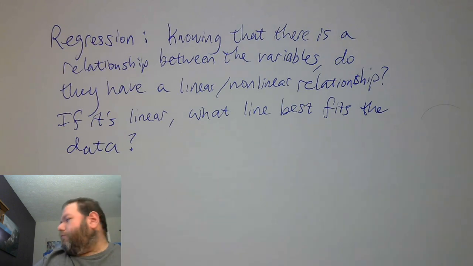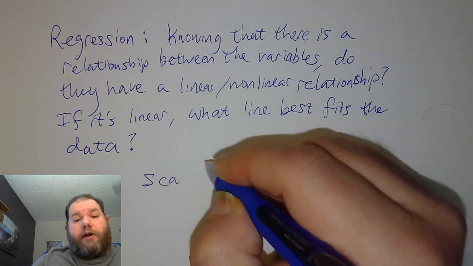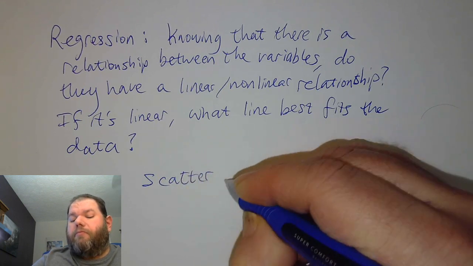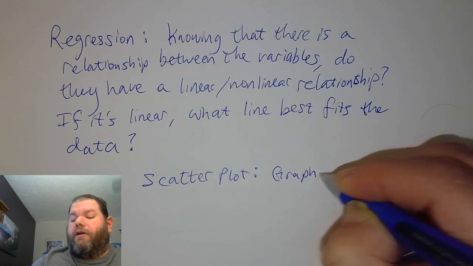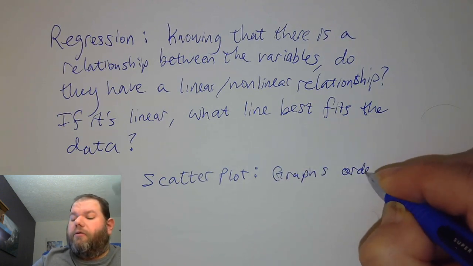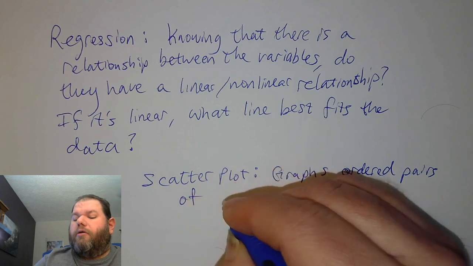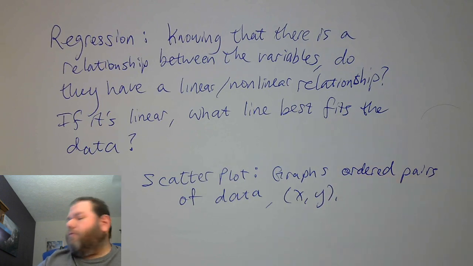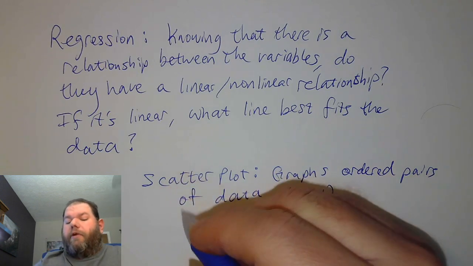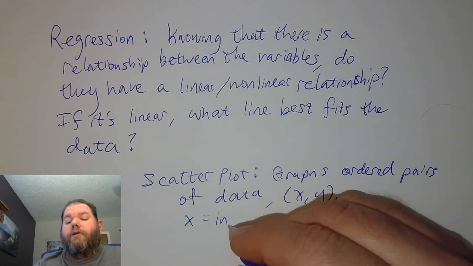Now, for regression, we move on to what is called a scatter plot or a scatter diagram. This graphs ordered pairs of data x and y. X in this case is our independent or explanatory variable, as we call it.